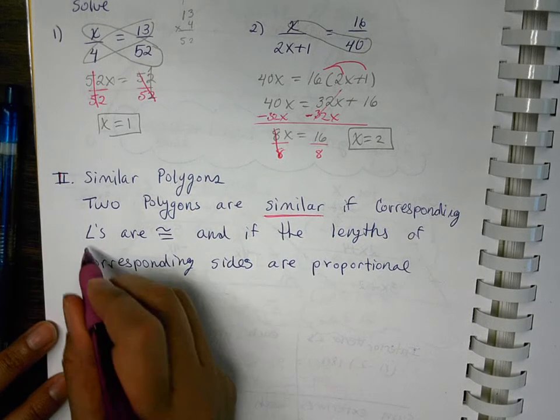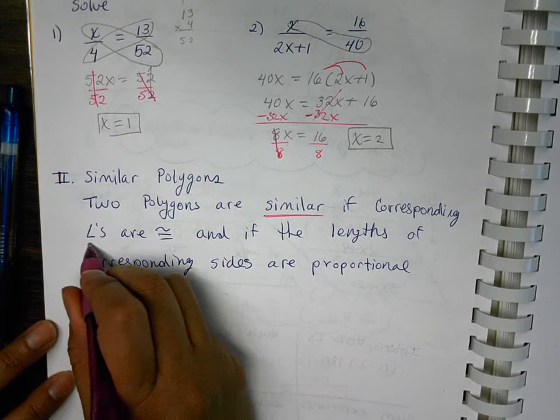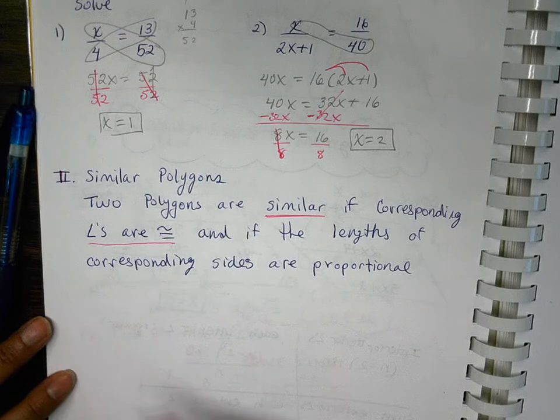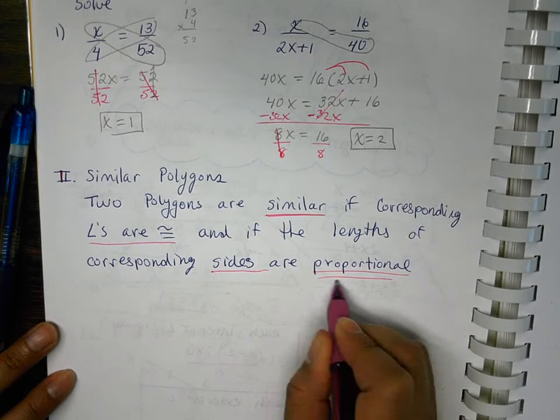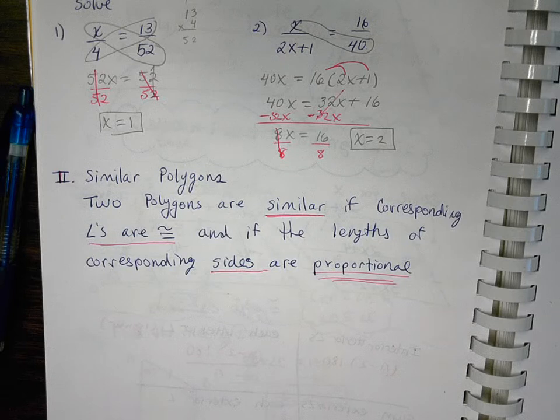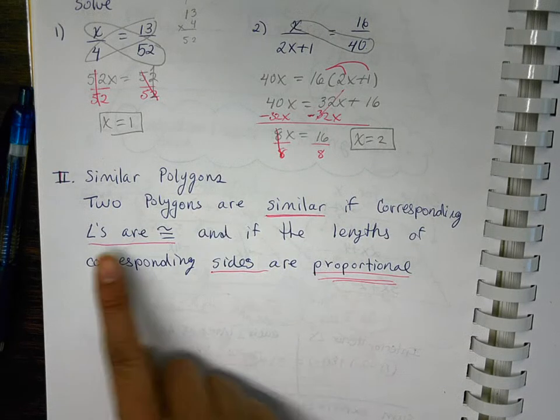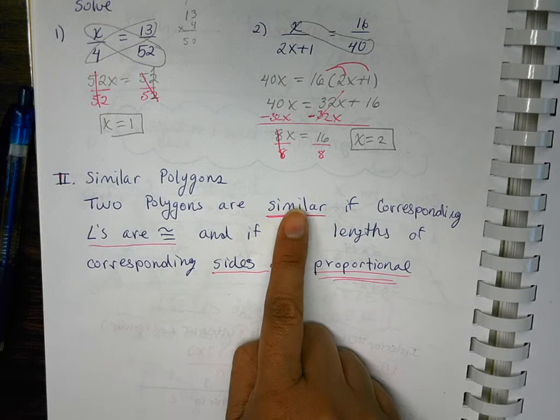All right, so key pieces here. Two pieces. Corresponding angles are congruent, and corresponding sides are what? Proportional. Not congruent, proportional. All right, so if that happens, the polygons are what? Similar, not congruent, similar.